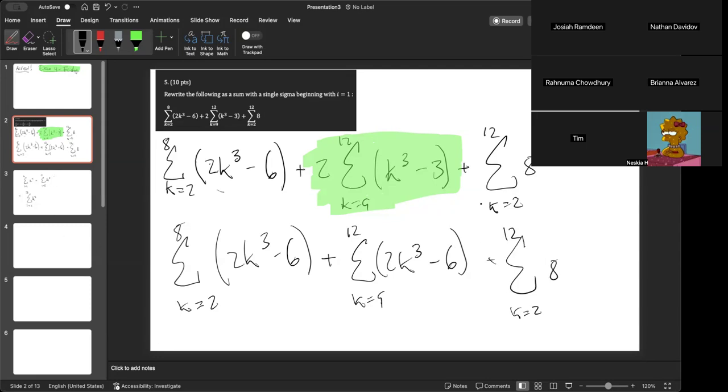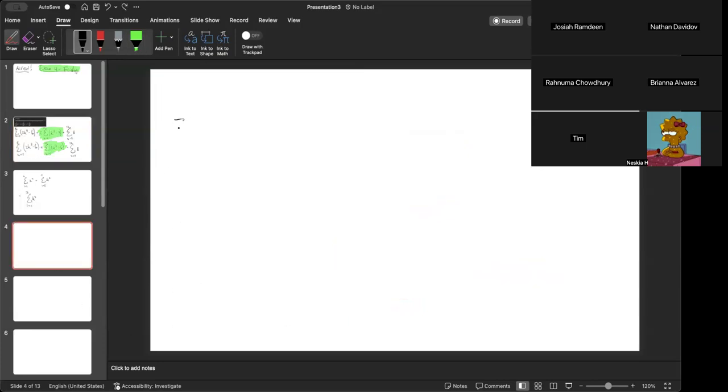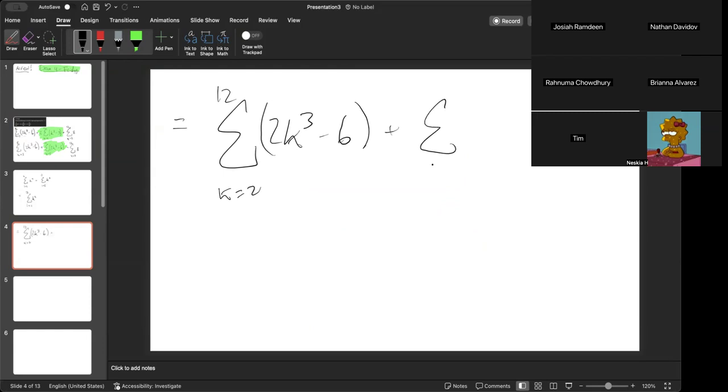Okay, very good. This term in green became this term here. Now I'm going to combine these two into one term. So this becomes the sum from k equals 2 to 12 of 2k cubed minus 6, plus the sum from k equals 2 to 12 of 8.